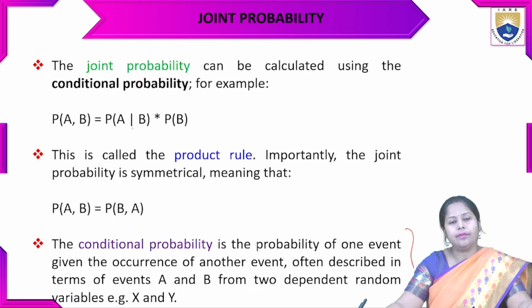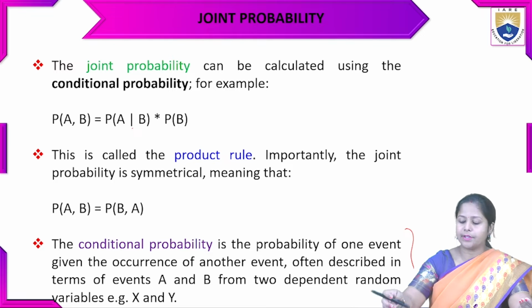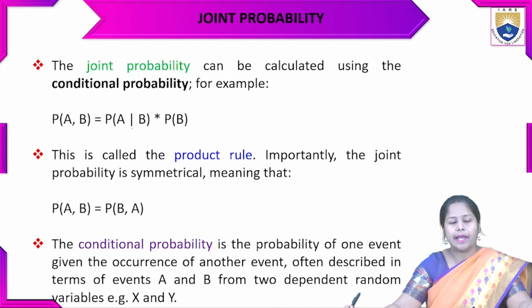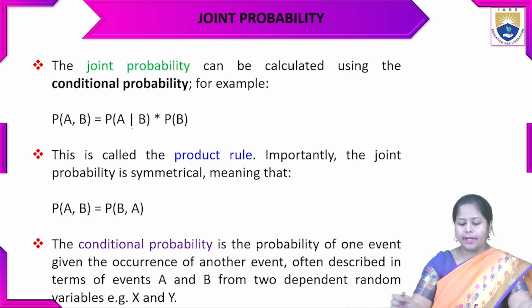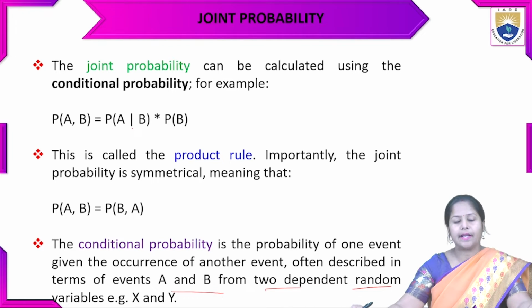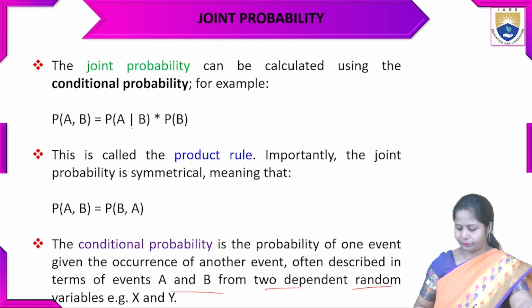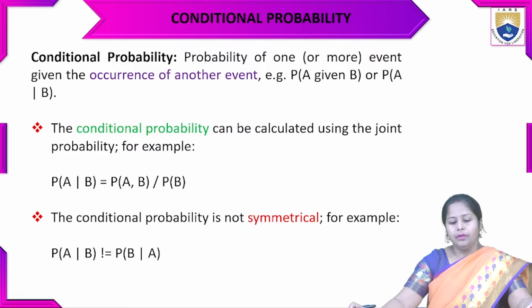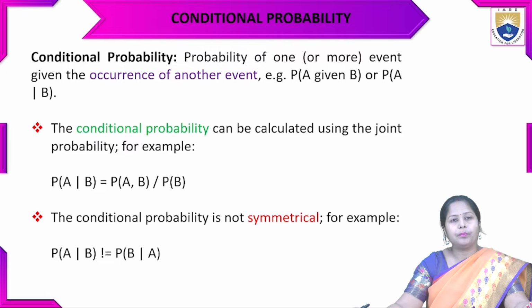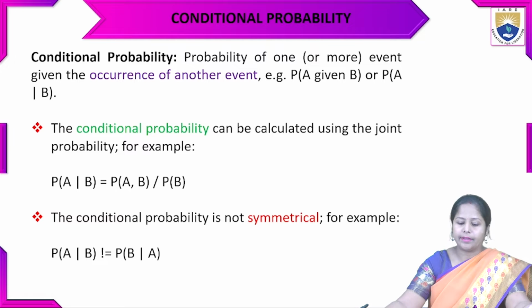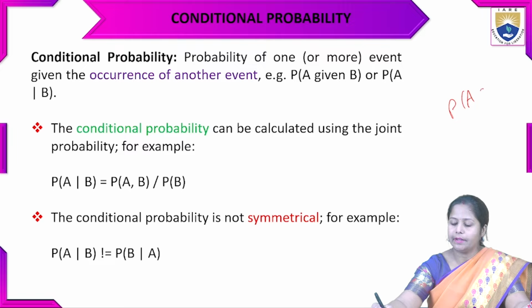If A and B are two particular events, or from two dependent random variables X and Y, then the probability of one event given the occurrence of another event is written as P(A given B).